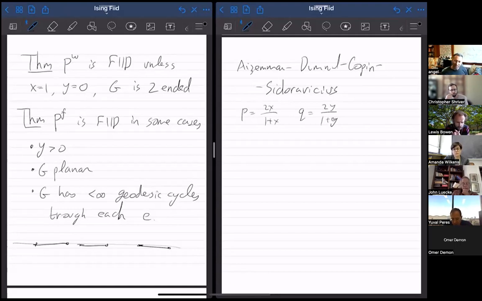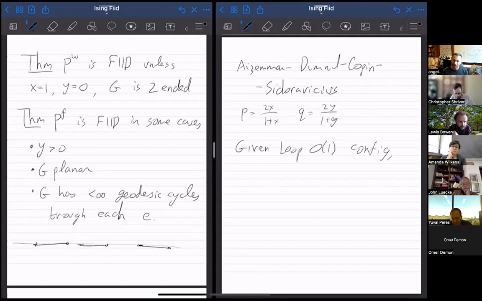So what is the relation? They give a way of going from one configuration to the other. So given the loop O(1) configuration, you have some configuration on open and closed edges, including also the vertices. To get to the FK Ising, you just need to add a Bernoulli configuration.